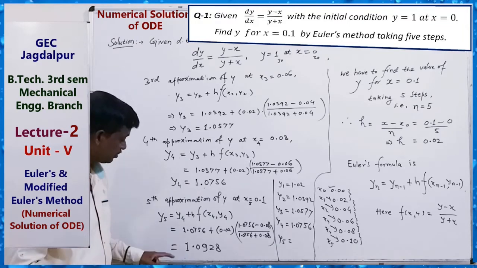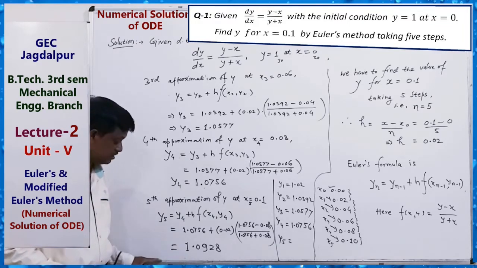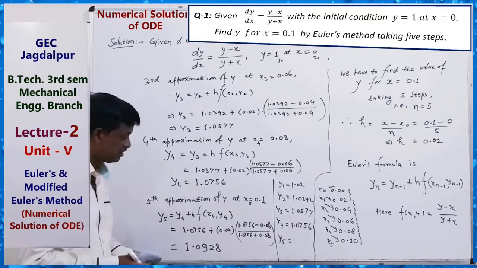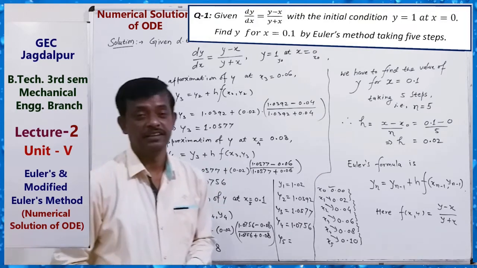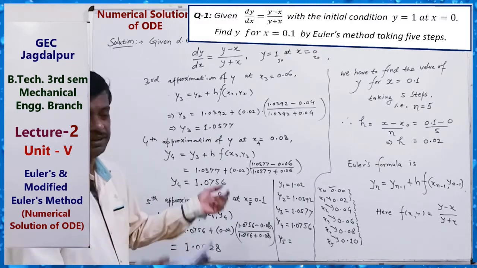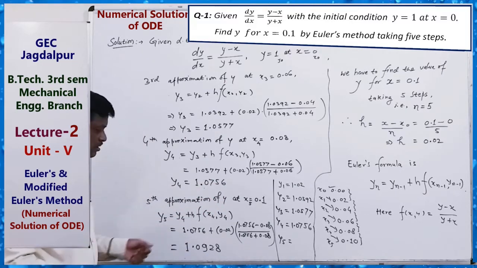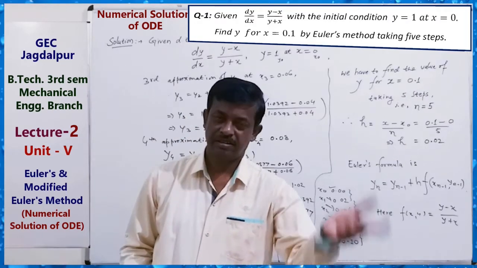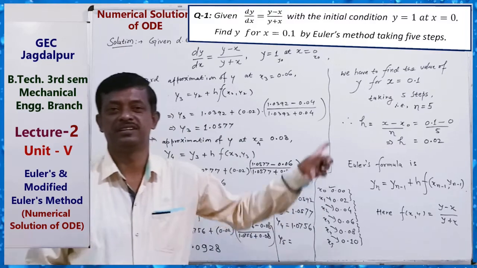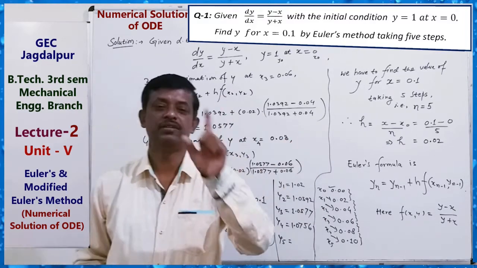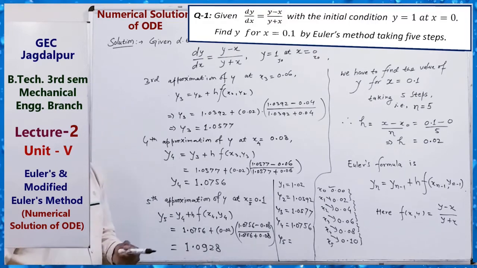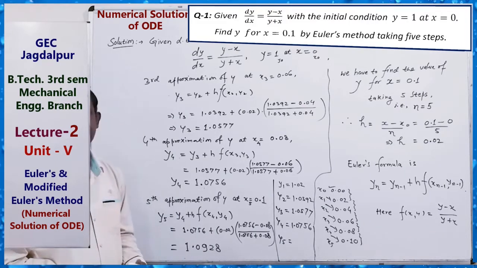So this is a very simple and easy method, but the calculation will be lengthy. It can be computerized, but due to this drawback there is a modification to Euler's method, that is the modified Euler method. So now we will discuss the modified Euler's method.